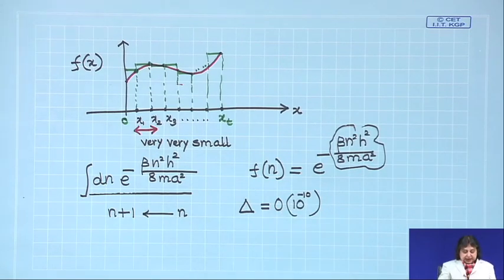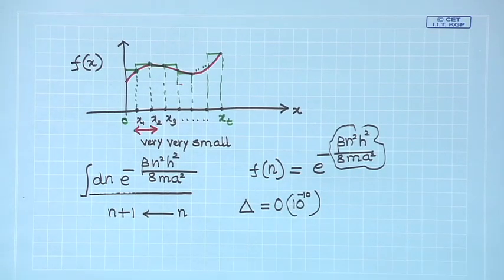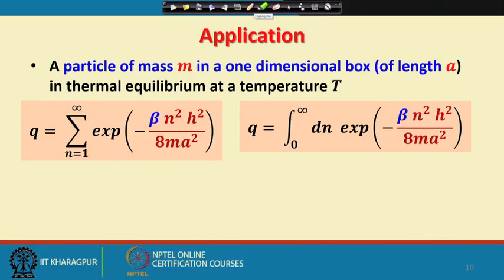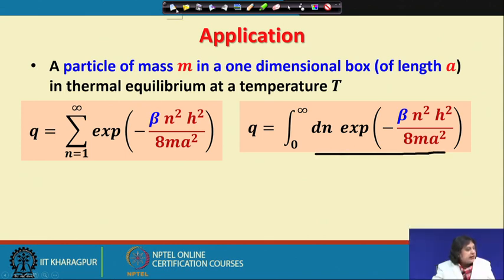Which means that I can indeed replace the summation that I have written here in terms of this integral. And it is possible to evaluate this integral, and do you know how to do this? I will quickly have a look at how to do this integral, and the result is something that I am going to show you first.